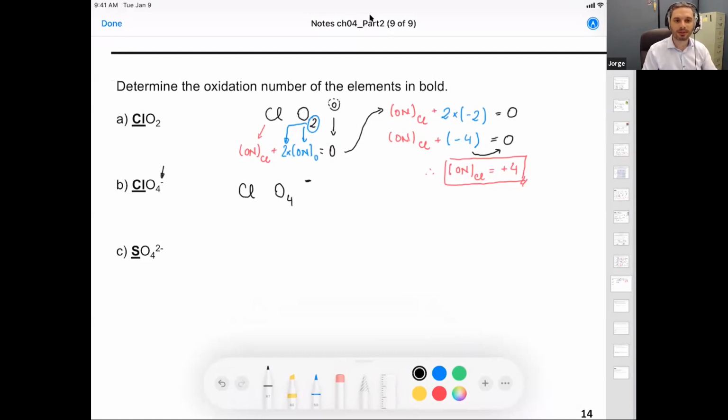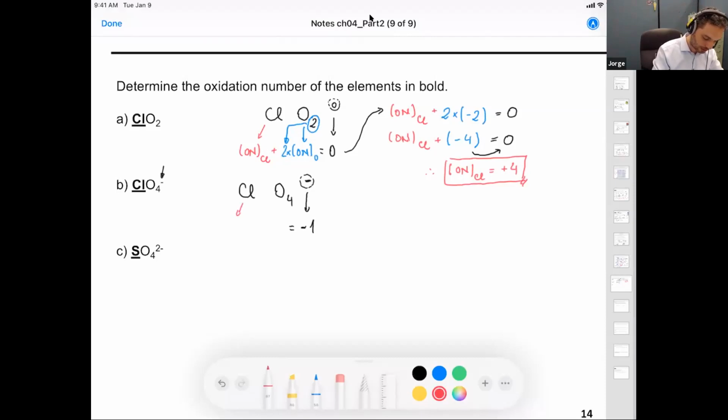And that means, in this case, the sum of the oxidation numbers has to be equal to the charge. So what I like to do is to write that first, so -1, and that has to be equal to the sum of the individual oxidation numbers.